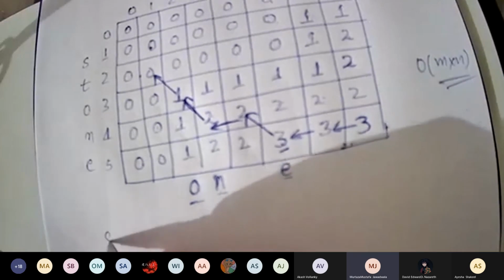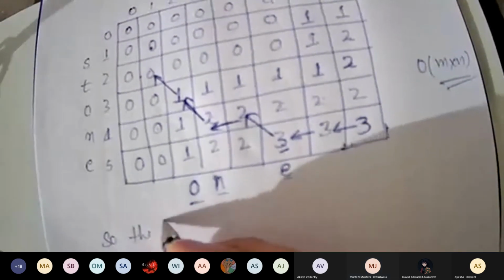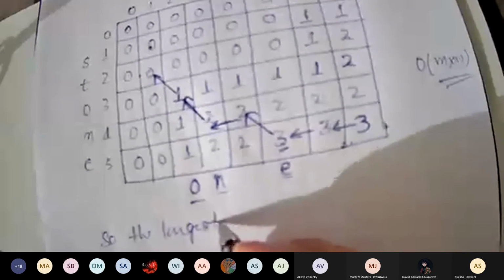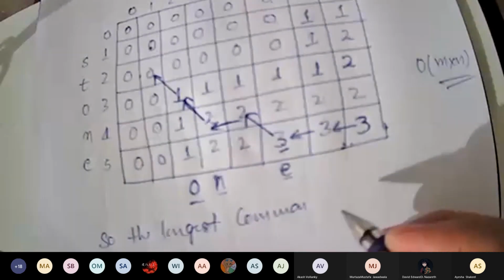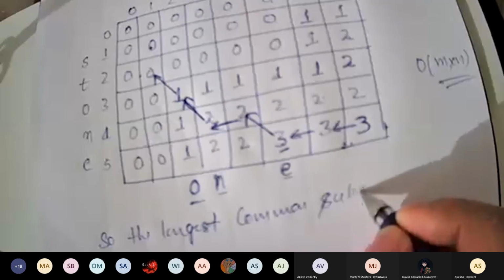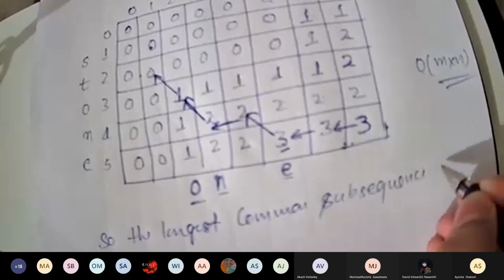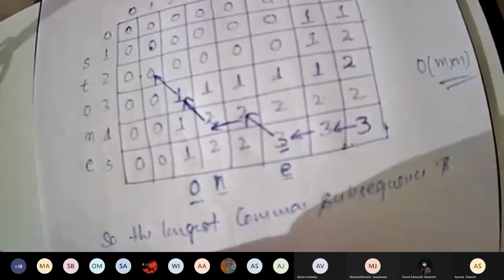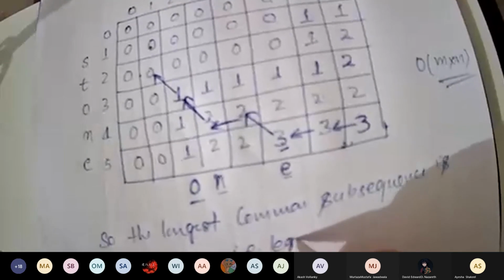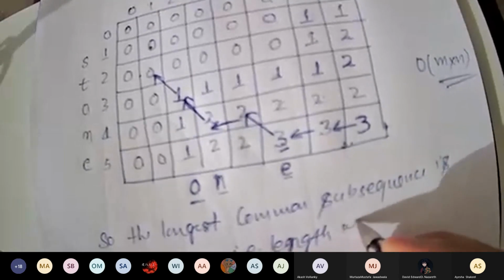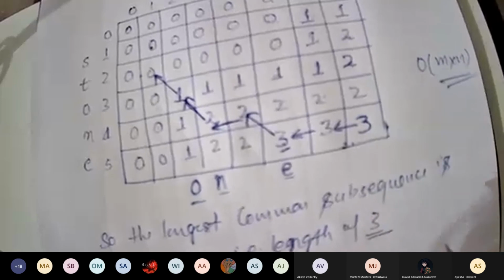Yes. Okay. So we can write: the longest common subsequence is O and E, that is of length 3.